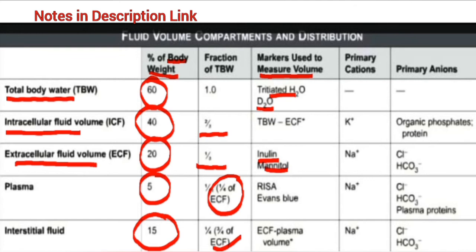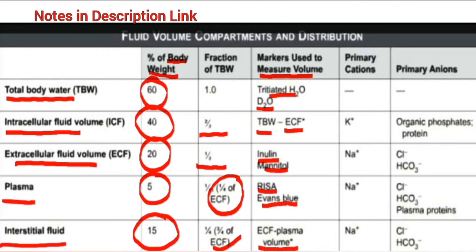And for plasma, we use albumin and Evans blue. For the intracellular fluid, we just subtract the extracellular fluid from the total body water. And just like that, for interstitial fluid, we subtract the plasma volume from the extracellular fluid, and then we get the interstitial fluid volume.